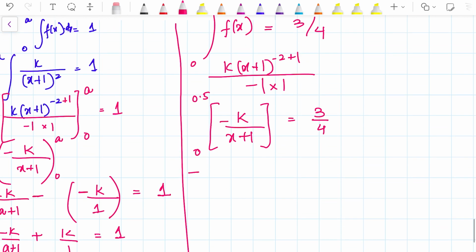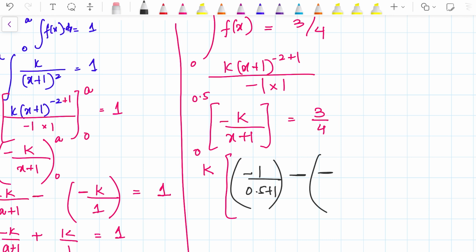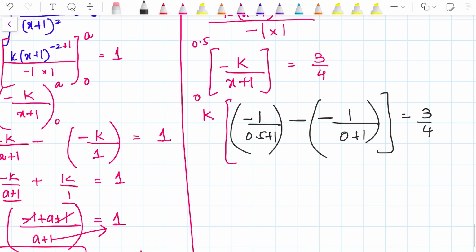Let's put the limits. I'm keeping the k outside now. Just the k, not the negative sign. So this becomes minus 1 upon 0.5 plus 1 minus 1 upon 0 plus 1. So 0.5 plus 1 is 1.5, minus 1 upon 1.5 plus 1 upon 1.